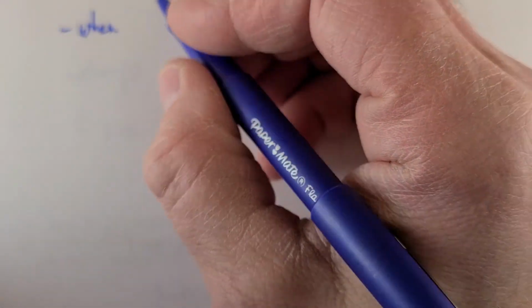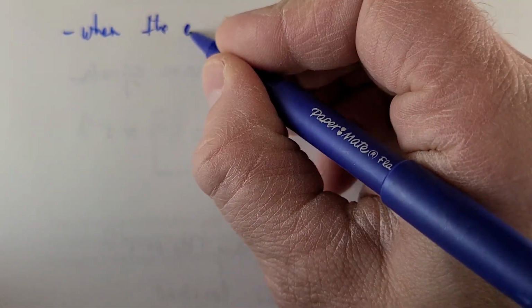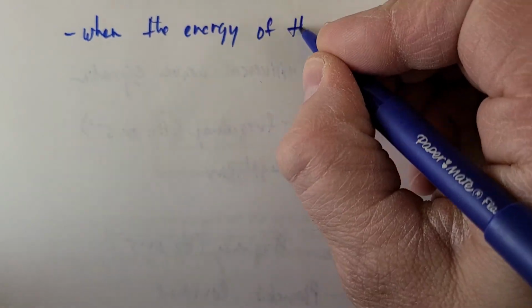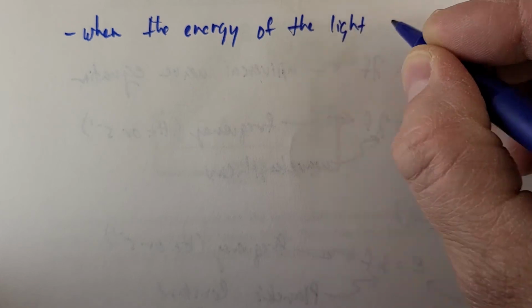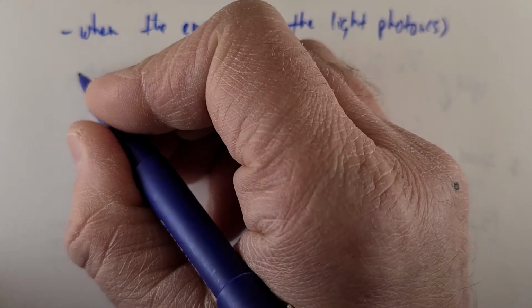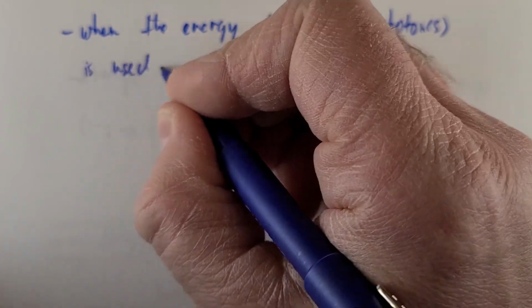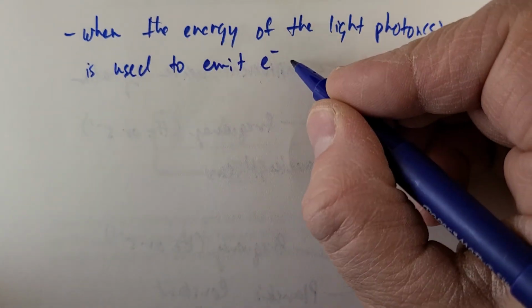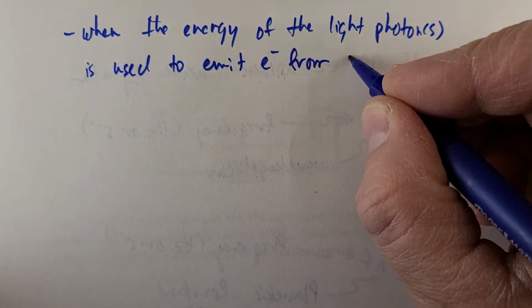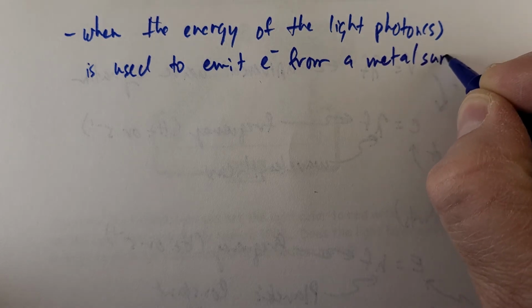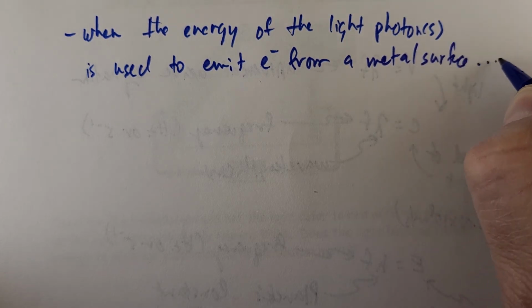So when the energy of the light photon or photons is used to emit electrons from a metal surface, dot, dot, dot.